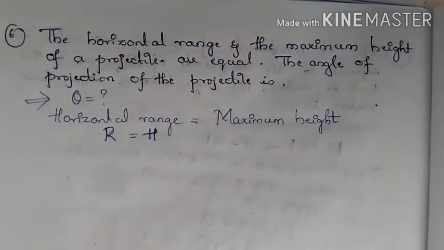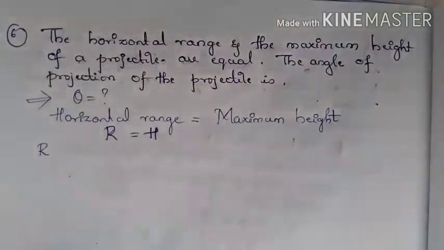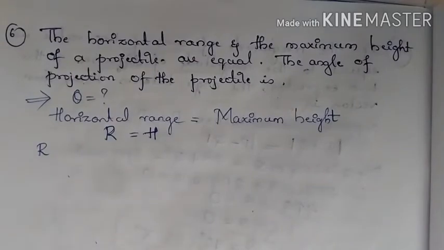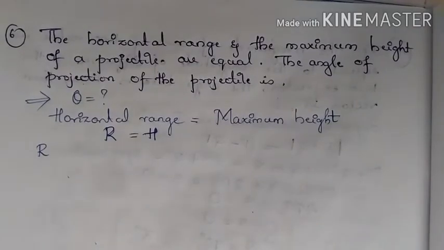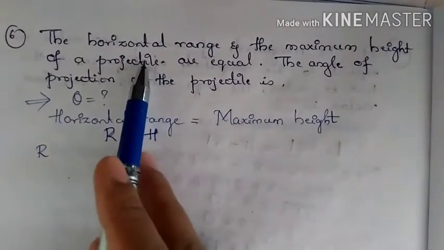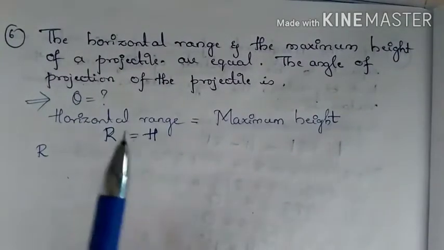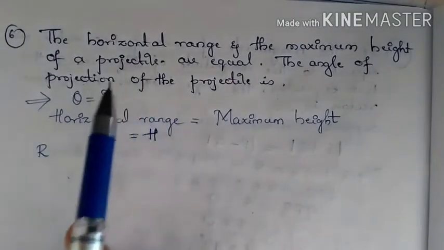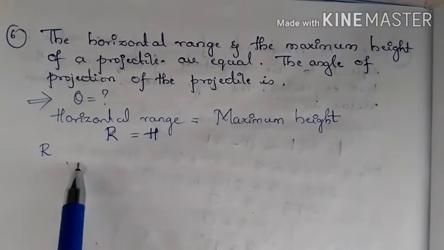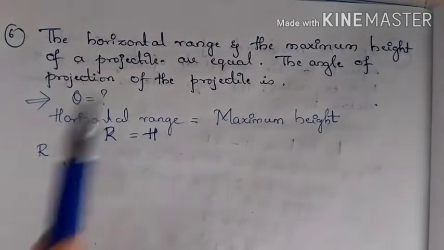Next, the R value and H value you know. So you should learn the formulas for R and H by heart. If you don't know the formula, then how will you solve? Because of that, you should know the formula for R, T, H in projectile motion.